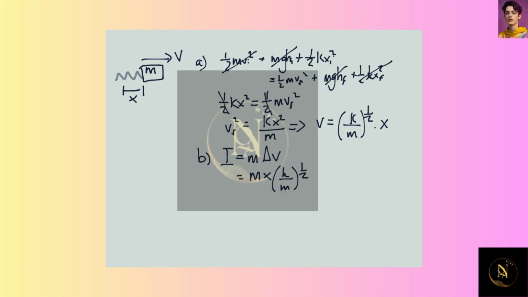Now we have two factors of m in here, so what we can do is neaten this up a little bit and say we have x multiplied by km to the power of 1/2.